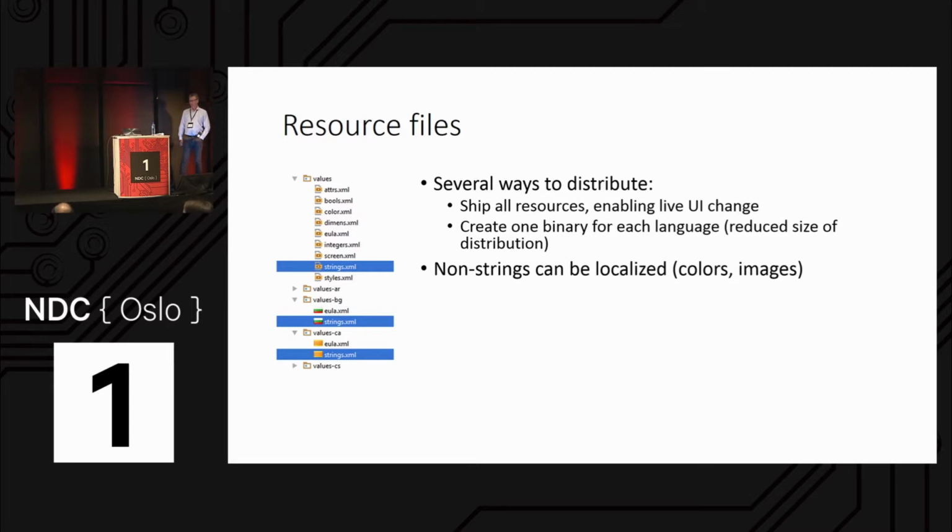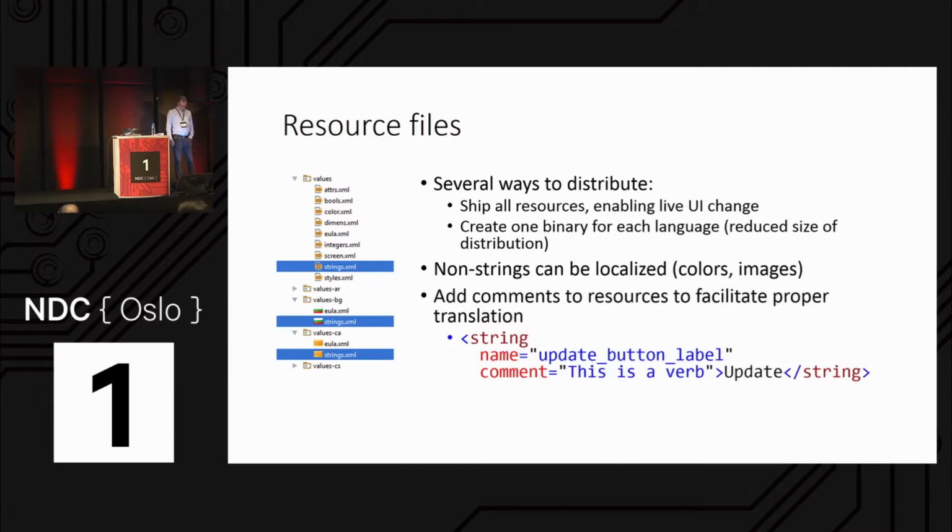It's also possible to localize things that are not strings. It could be culture-sensitive images and so on. At least the way we do it at Microsoft, we send this stuff off to third parties to translate, and then we get things back. And we are not always impressed with the quality.